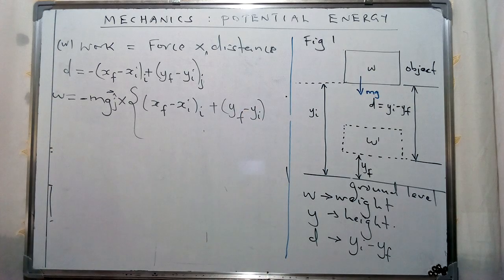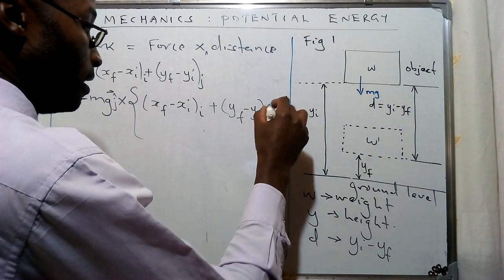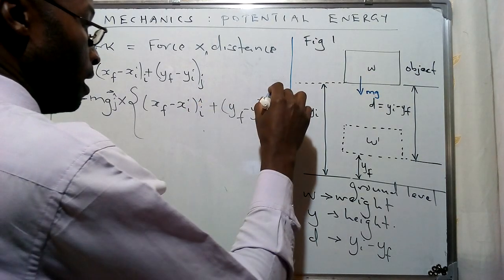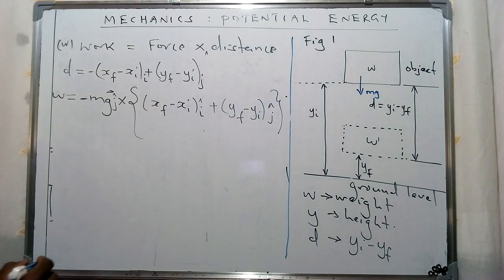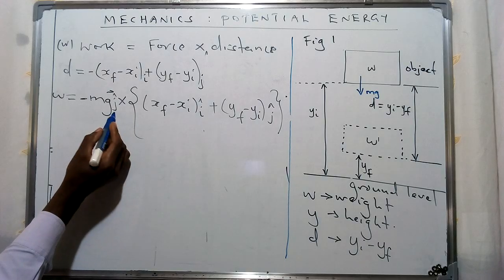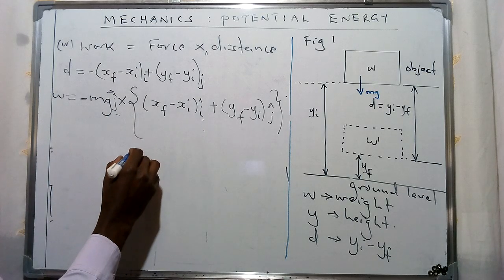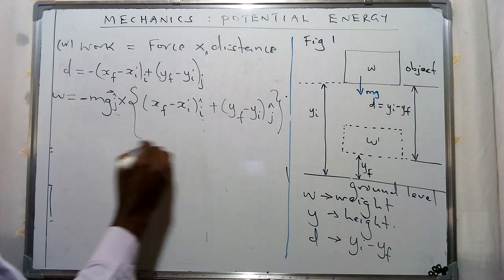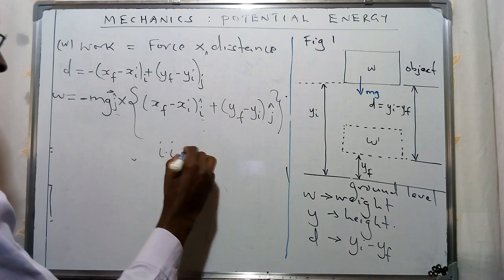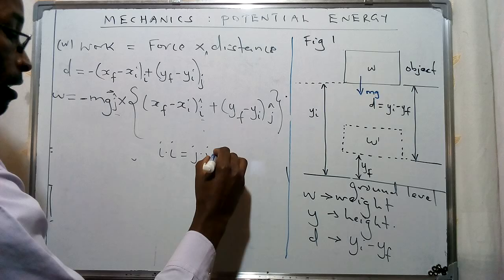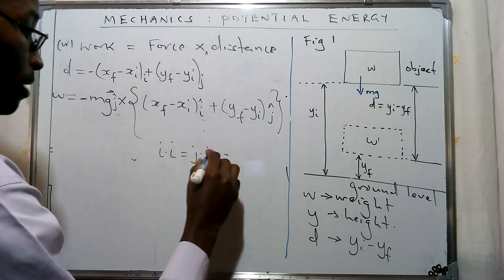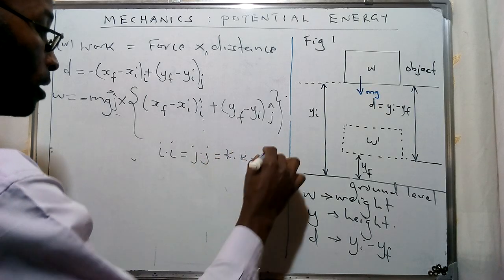And as we're going to see, this y displacement is going to be in the j direction. So if we consider these unit vectors, a multiplication between j and i, as we said from vectors, i times i is equivalent to j times j, which is equivalent to, of course, k times k, which is equivalent to 1.